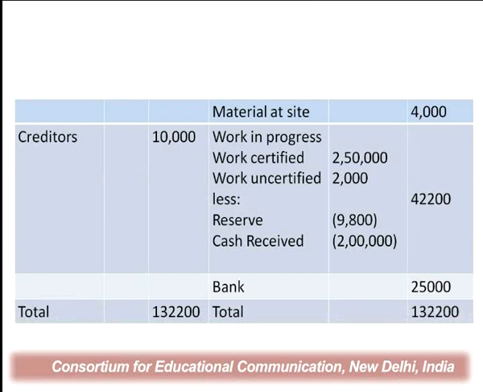So in order to follow the conservatism principle, whatever notional profit we calculate, the whole of the notional profit is not shown as profit. Only a part of the profit is shown as profit, and the rest is shown as reserve. So this value of reserve is reduced from the work in progress.